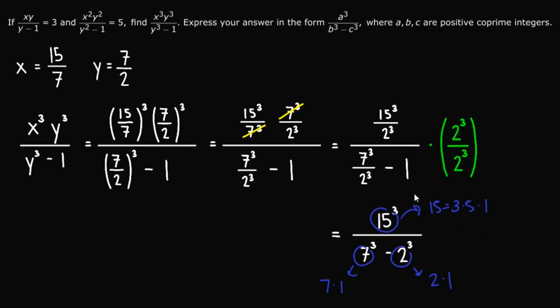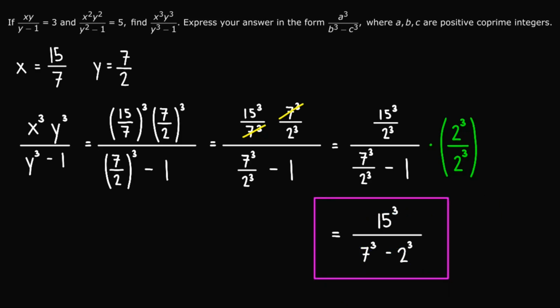As you can see, their only common factor is 1. And when that happens, we say that these integers are coprime. So indeed, this form is what we are finding. We conclude that our final answer is 15 cubed over 7 cubed minus 2 cubed. And so that is how we obtain the answer for this problem.